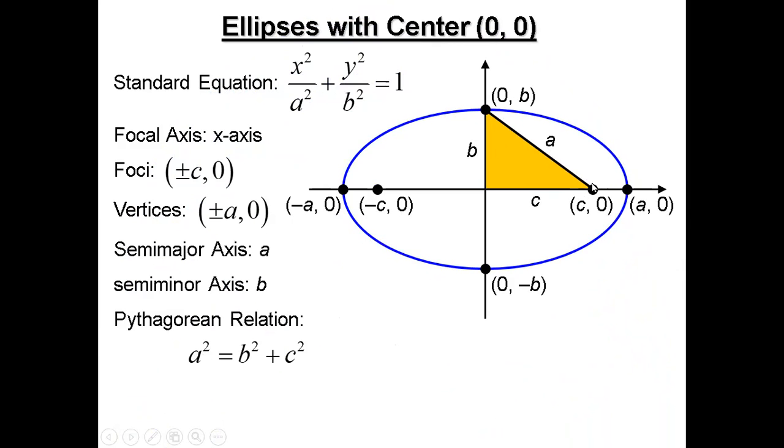Yes, this is labeled as a because the distance from this point to that point is just equal to a. Remember that a is from the origin, a units to the right. Same goes with here to this. This is also a because it has a total length the same as the major axis, which is 2a.